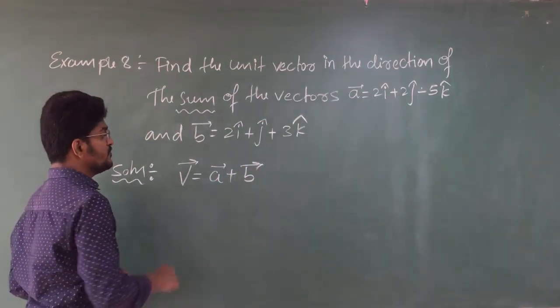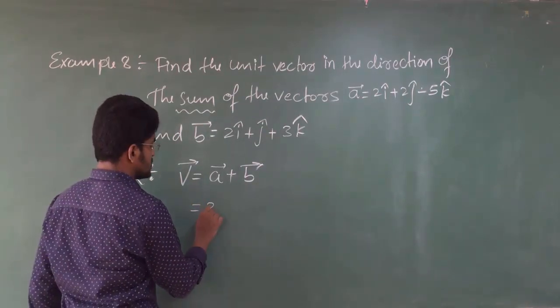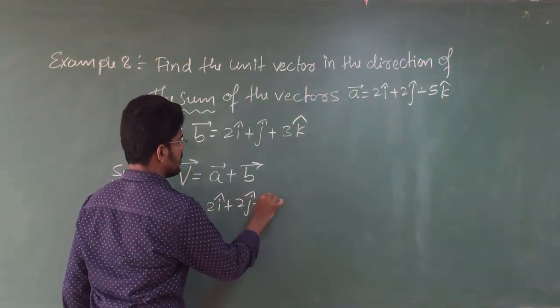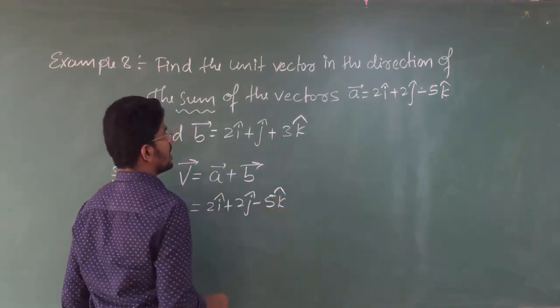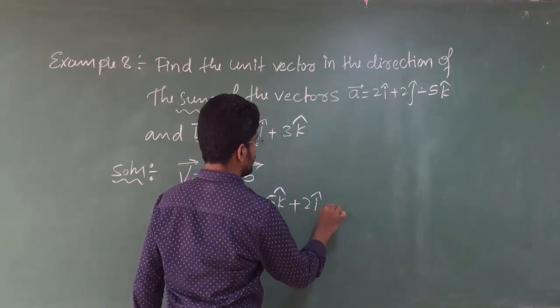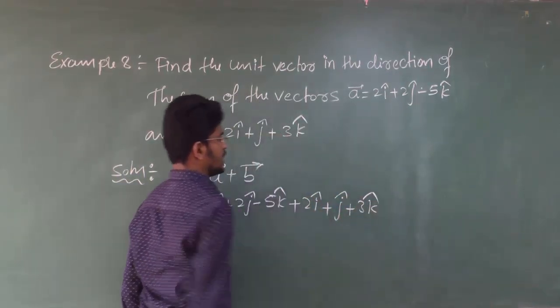Clear? So if you want to add two vectors, vector A and vector B, that is 2i cap plus 2j cap minus 5k cap plus vector B is 2i cap plus j cap plus 3k cap.